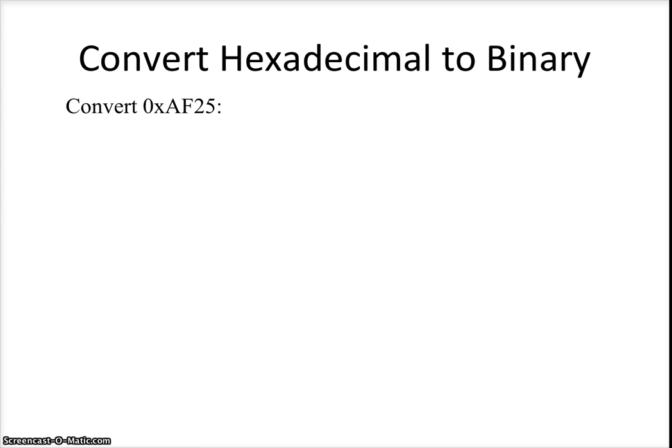How about if we want to convert that to binary? Well, you guys know how to do this already, all right? So let's just give it a whirl. So we've got 5, all right? 5 in binary is 0101, okay?